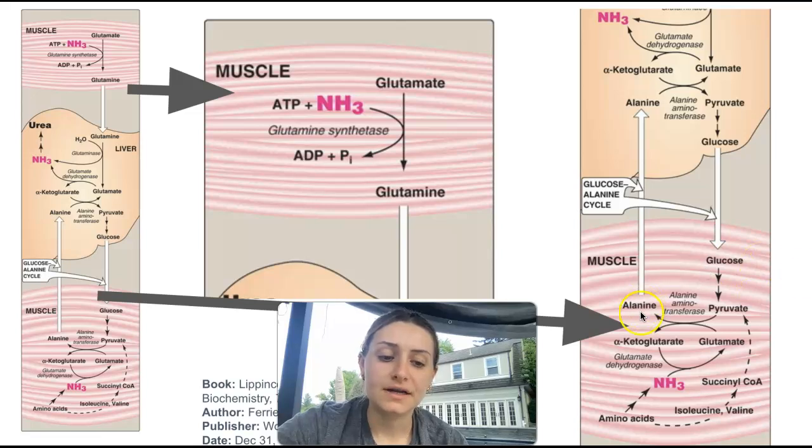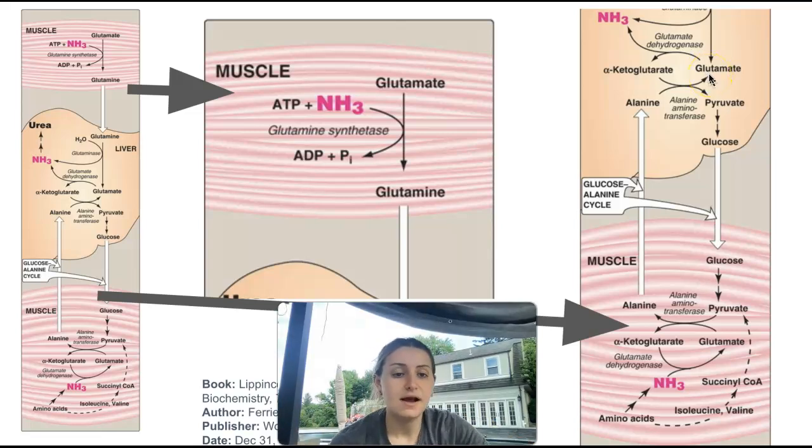The product of that is alanine, and then alpha-ketoglutarate, which stays in the muscle tissue. So alanine can be transported through the blood to the liver, and then another transamination takes place in the reverse direction, giving us the pyruvate and glutamate that we had in the muscle tissue.